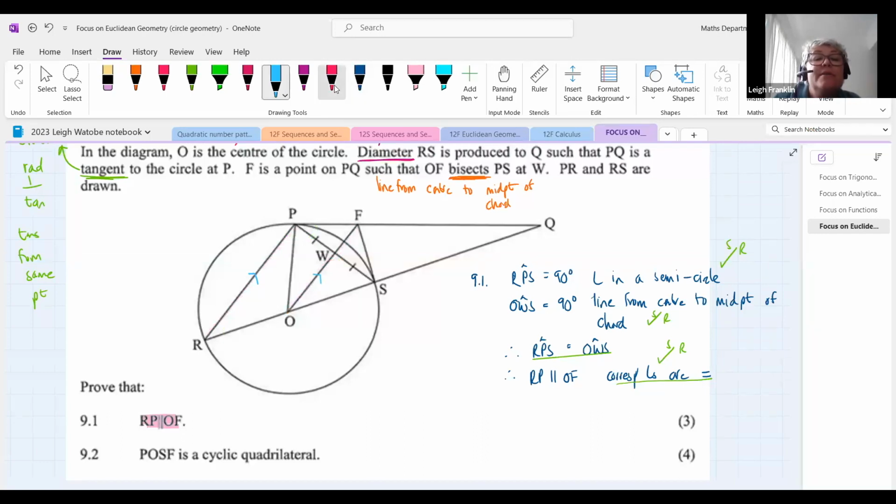So POSF is that over there. Before we can attempt to prove that the quad is cyclic, can anybody tell me how that's done? What reasons do we use to prove that quads are cyclic?